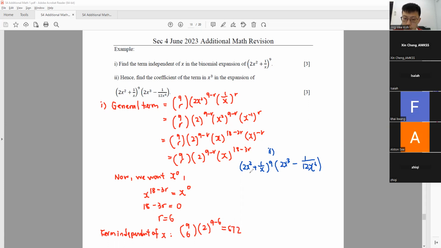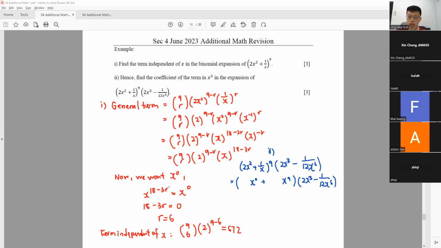I need x to the power 0 from here, because x to the power 0 times 2x cubed will give me the x cubed term. And I also need the x to the power of 9 term, so that when I multiply with the x to the power negative this term, I will get my x cubed. So now I need to find x to the power 9.